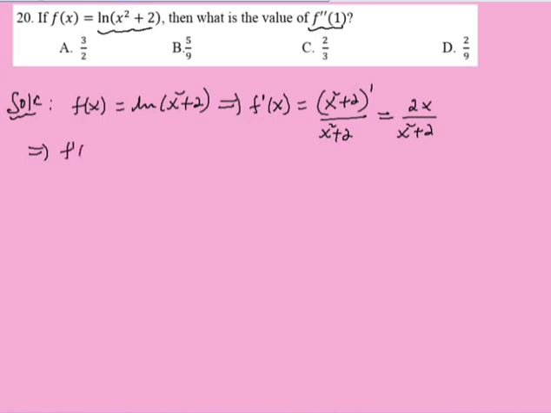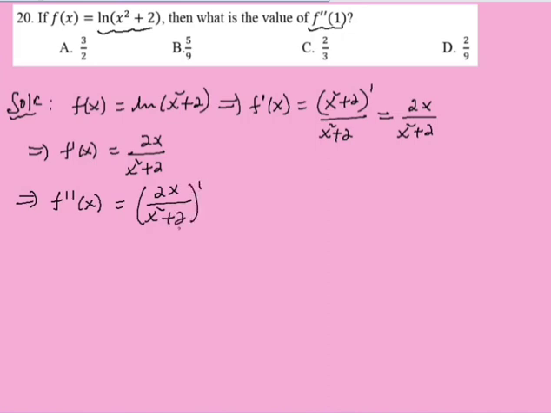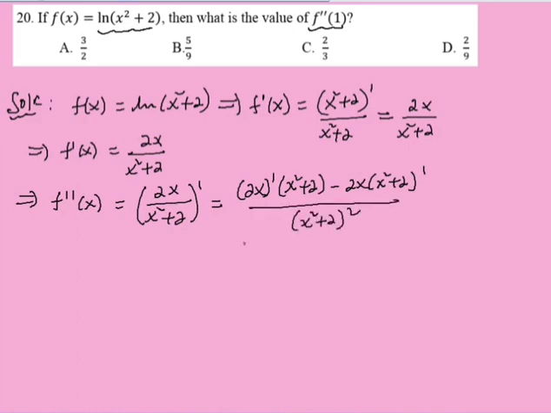Look, our first derivative is 2x over x squared plus 2. Now we need to calculate the second derivative. The second derivative of this function means the derivative of 2x over x squared plus 2. So apply the quotient rule for derivatives here: the derivative of 2x times x squared plus 2, minus 2x times the derivative of x squared plus 2, over x squared plus 2 the whole square.